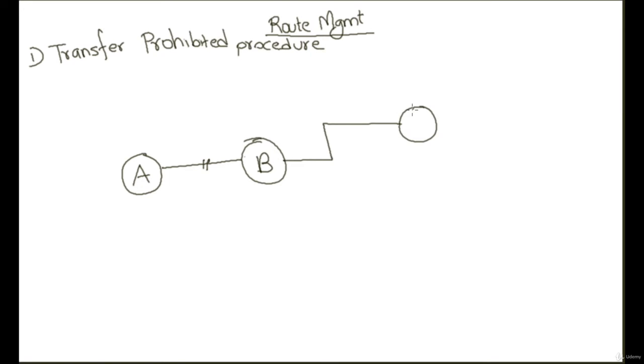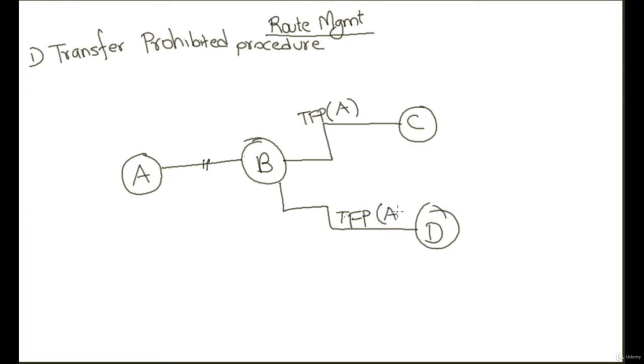Okay, so B is going to send the transfer prohibited procedure, or we call it TFP message, to all the adjacent STPs. So what is that? The TFP will contain the destination code, that is A. What it means is that if any message for A comes to B, then B will not be able to transfer that message because A has become inaccessible to it.